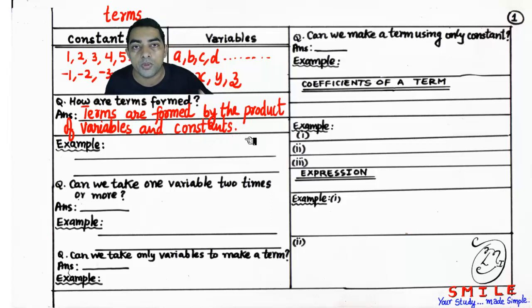Okay, so a term is formed by the product, meaning by multiplying, what with what? By multiplying variables and constants.